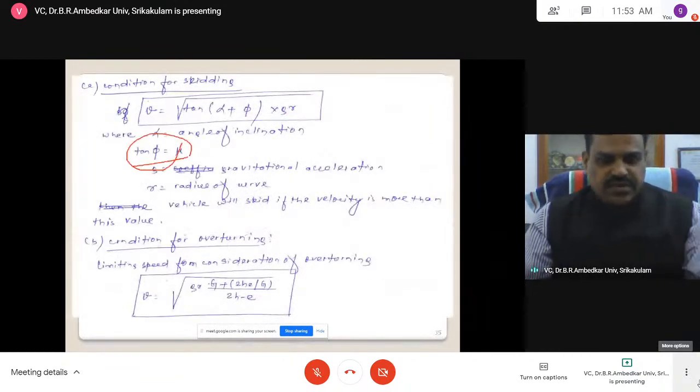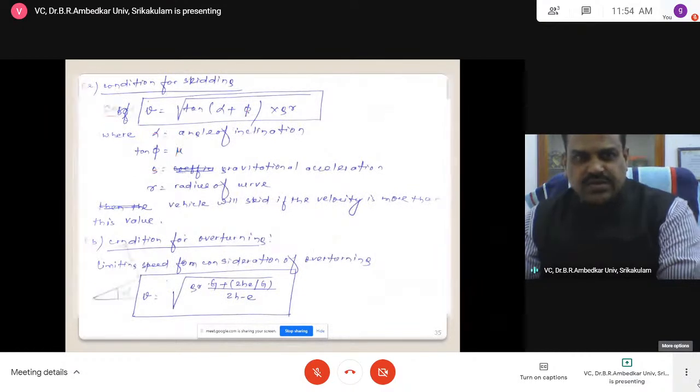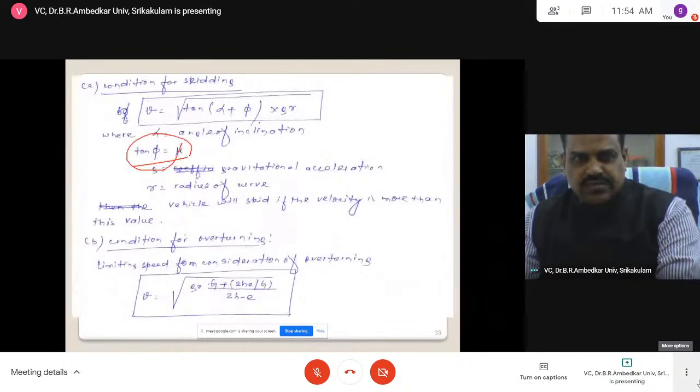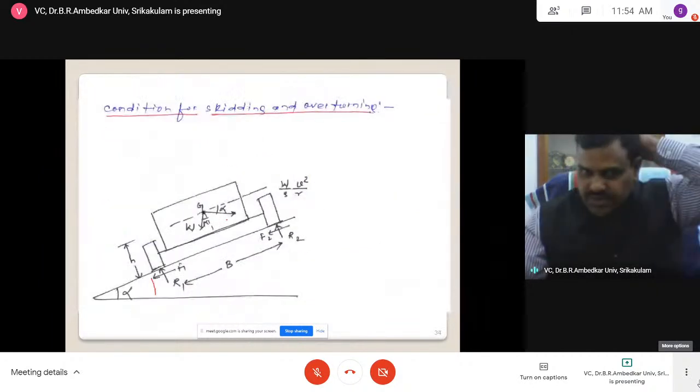Instead of tan alpha, the same expression. V is equal to, mv square by R, tan total phi is equal to mu.